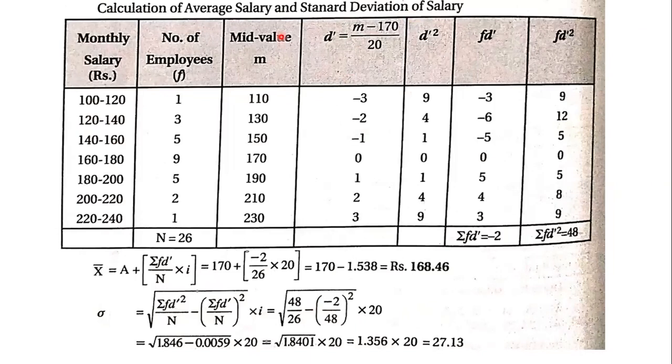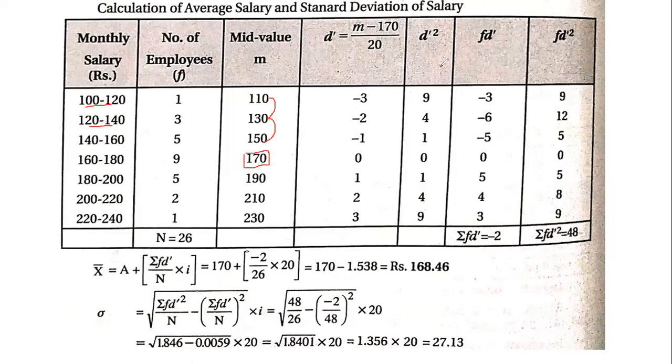So we have to assign a number out of these. I'm taking the central value, that is 170. So 170 divided by 20. How 20? The difference between the numbers here as well as here is 20. So I'm going to take that 20 there and find out D dash.